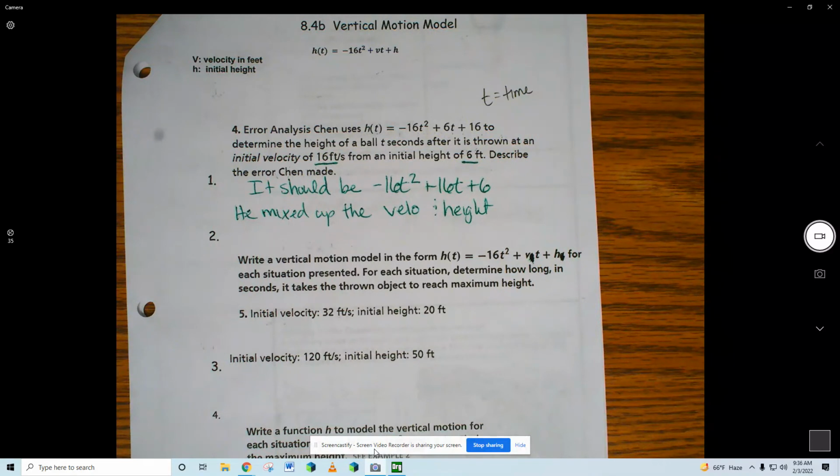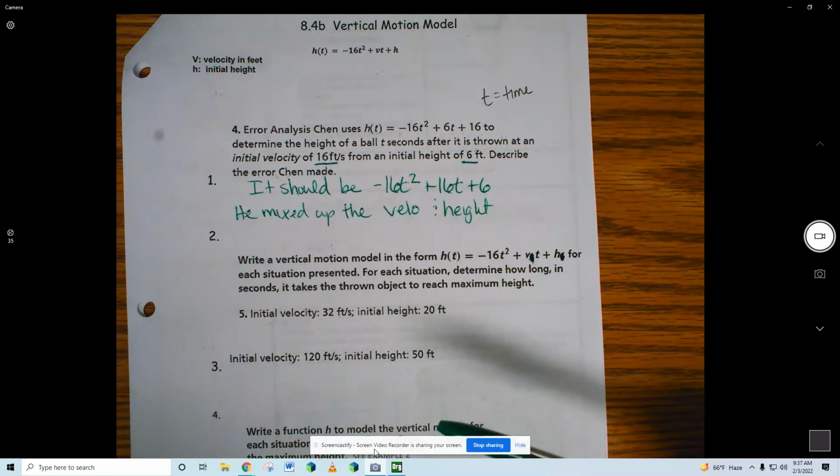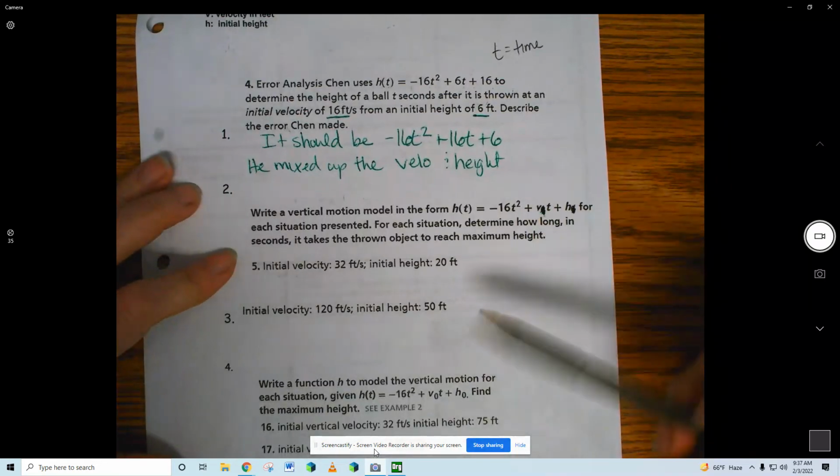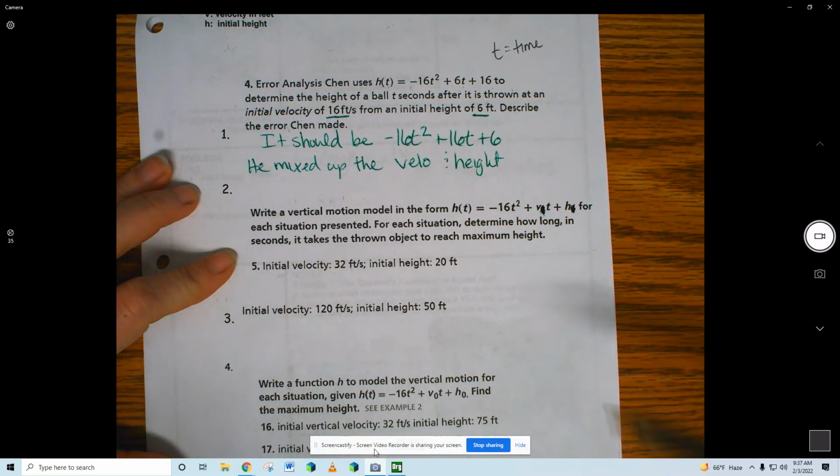Do that one. You're using the formula up above. Basically that's what we're doing for every single problem after this. I will do this first one with you, this number 5, but all the rest you have to write formulas for.